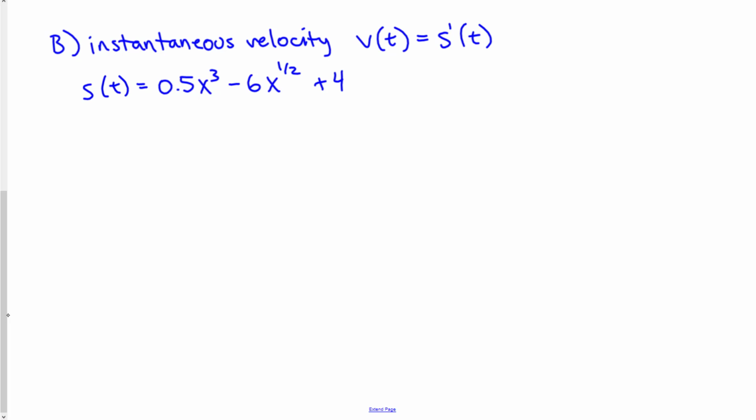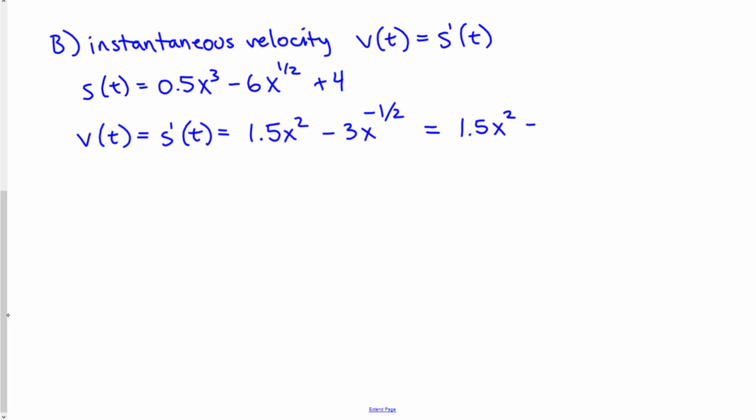All right, so velocity being the first derivative of position would be 1.5 x squared minus 3x to the negative 1/2 power. And the derivative of 4 is 0. So this becomes 1.5 x squared minus 3 divided by the square root of x.